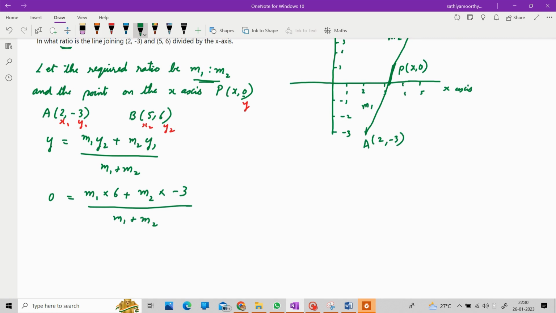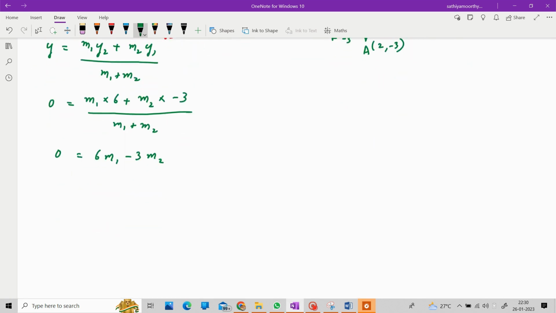Okay. Now let me simplify. m1 plus m2, if I take it to the left hand side, it becomes 0. So 0 is equal to 6m1 minus into plus is minus 3m2. Now let me take 6m1 to the other side. It becomes minus 6m1 is equal to minus 3m2.